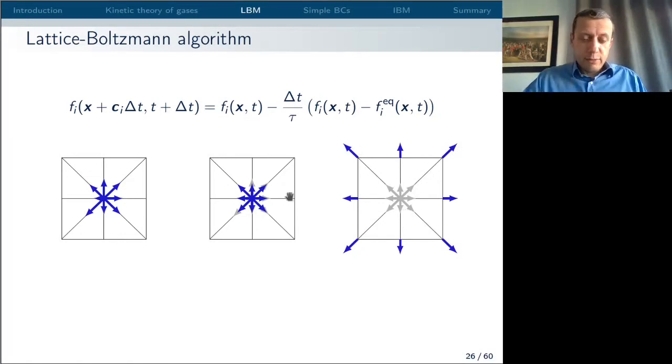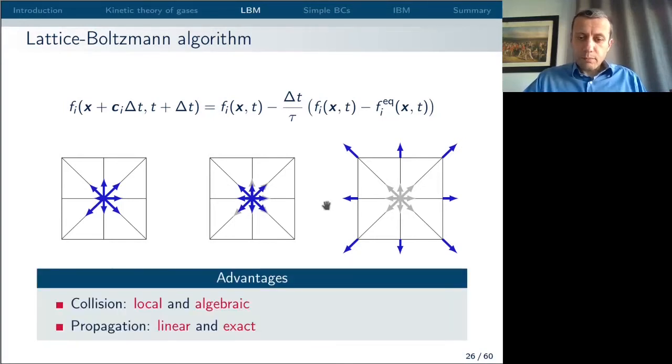So basically in the first step, you redistribute the f values according to the collision step at the same location in space. And once you have done that, you send your populations to the next neighbor. And there's one population which is not shown, that is not moving at all because it doesn't have a velocity. What are the advantages here? Collision is local and algebraic.